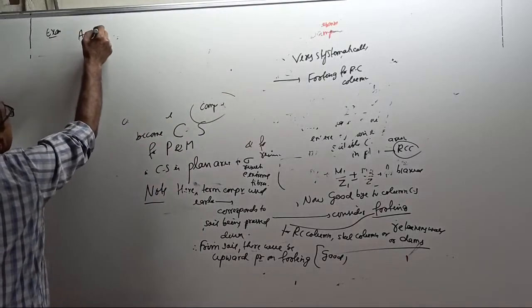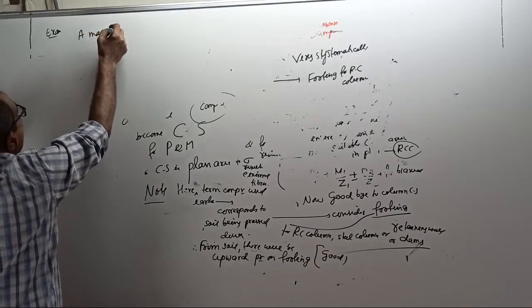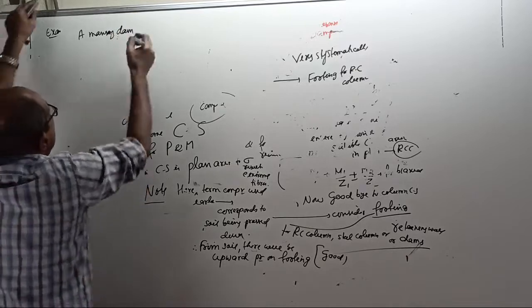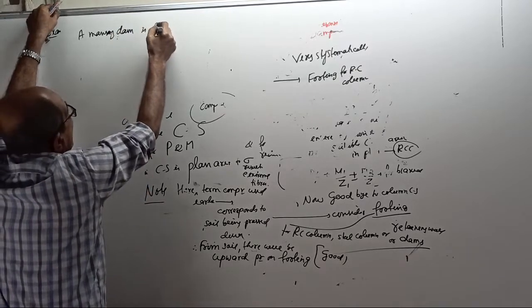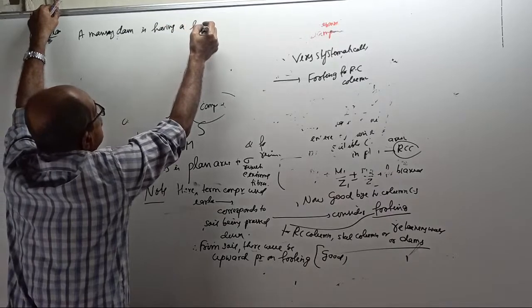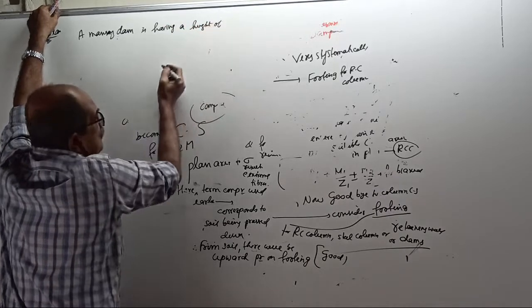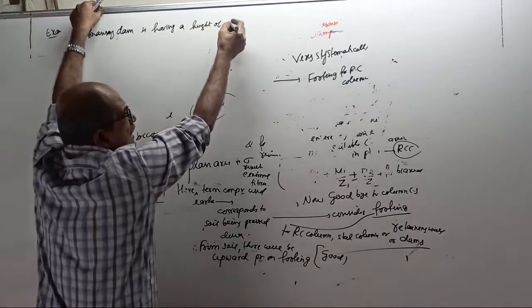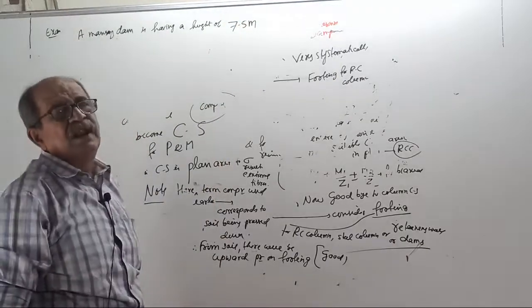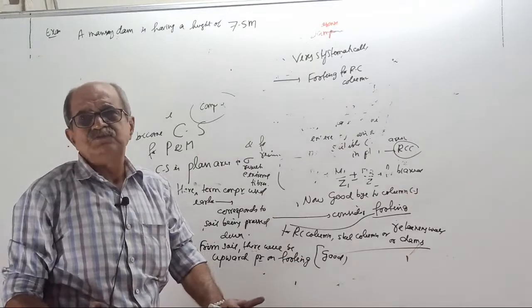A masonry dam is having a height of say something like 7.5 meter. 7.5 meter masonry height, quite normal height.